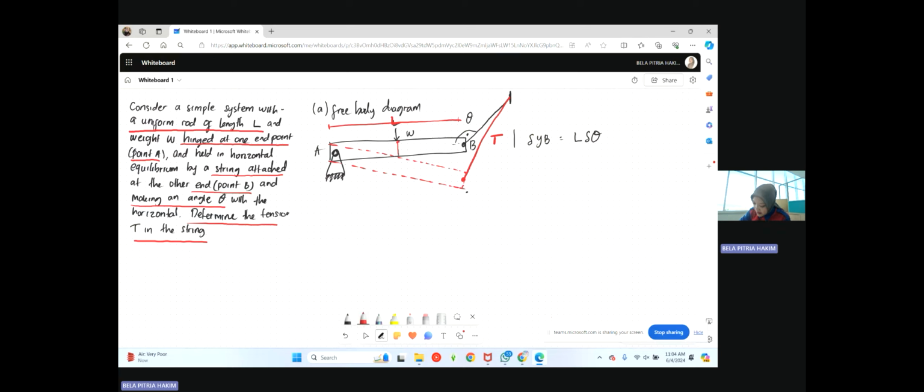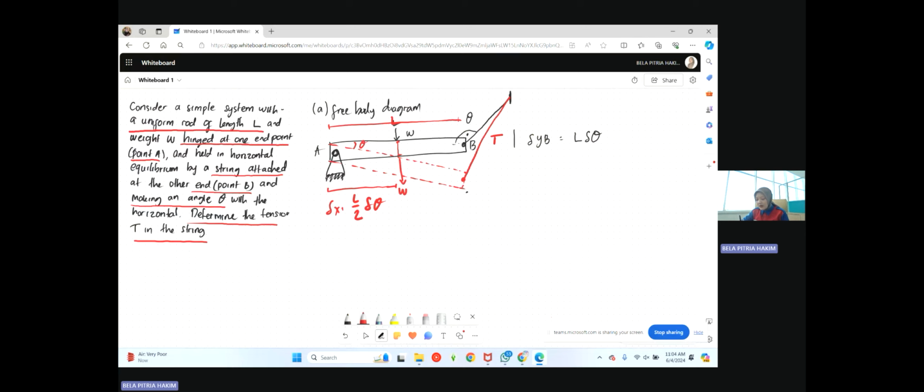The beam has displacement because of an external force, the weight. The weight has its distance from A, which we call L per 2, with displacement δθ, because there is also a displacement here. This is for the displacement on X.